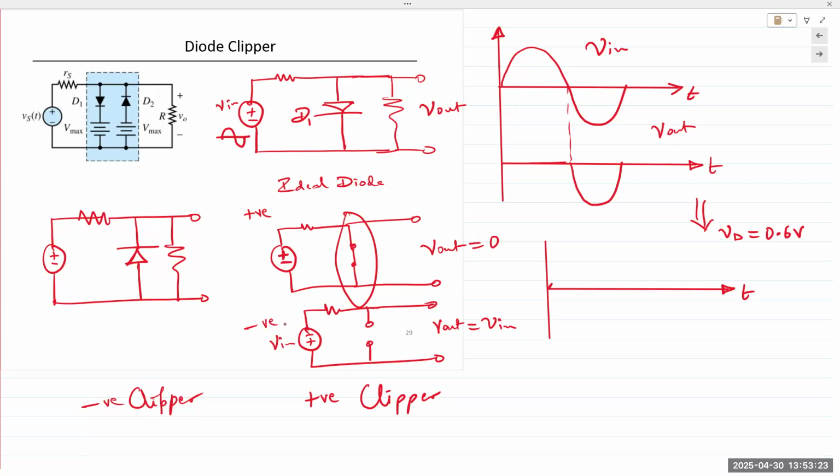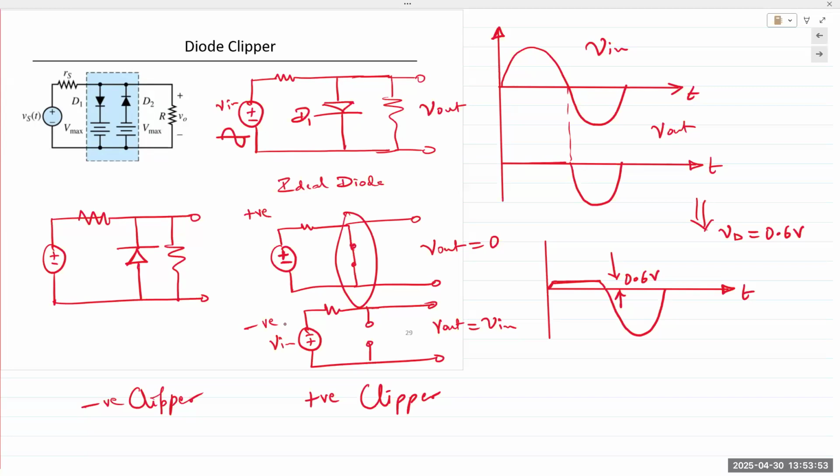The diode is off until the input crosses 0.6 volts. And so you get 0.6 volts at the output in the positive half cycle. So the diode requires 0.6 volts to turn on.